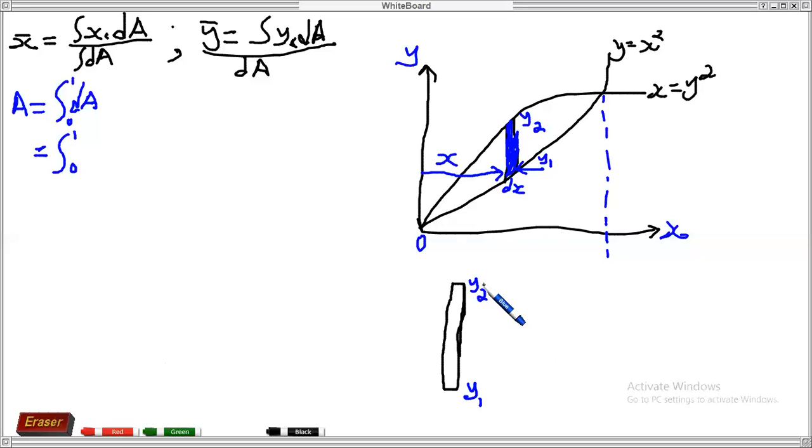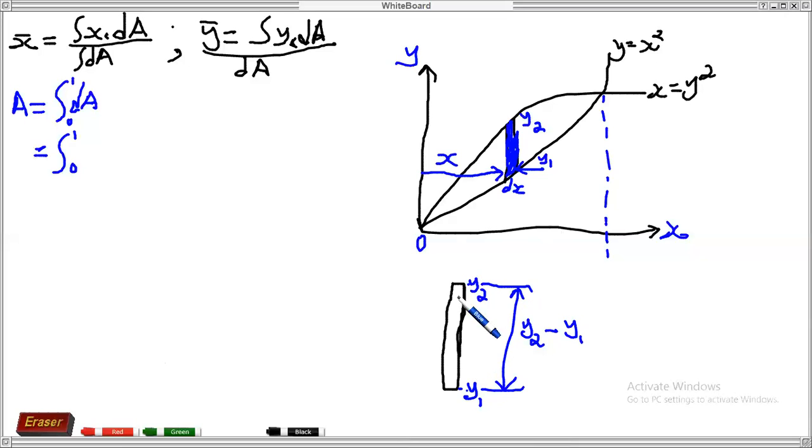So the height of this small element from here to here will be the difference between this and this node. It should be y2 minus y1, because y2 is the highest point, minus y1.